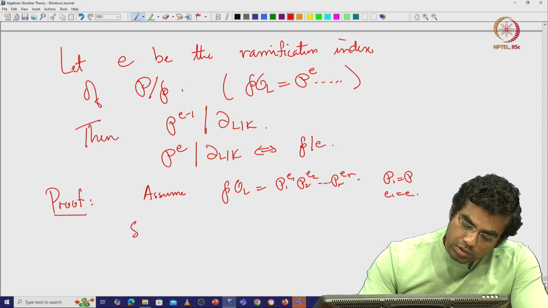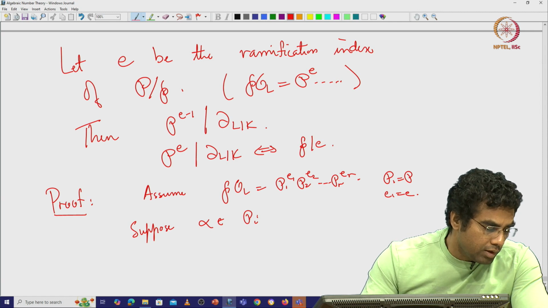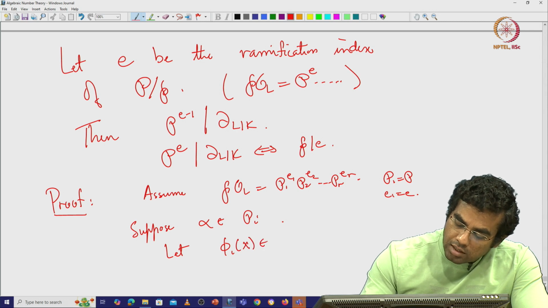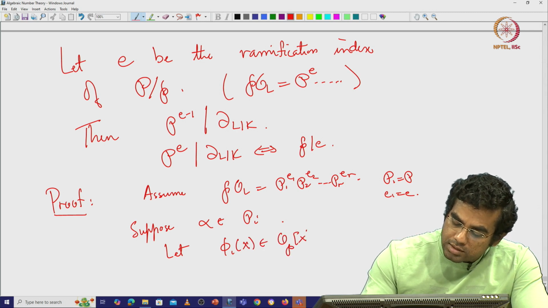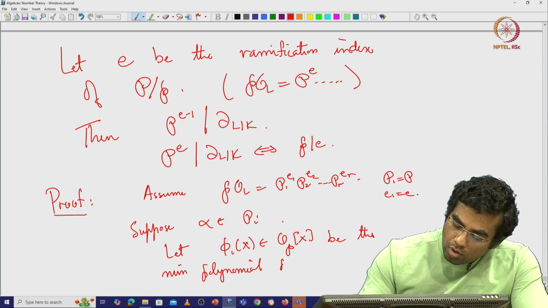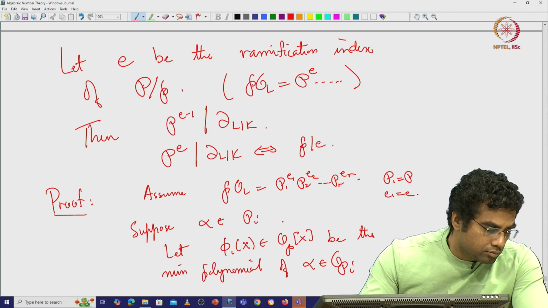So suppose alpha belongs to P_i, okay, for some i, and let phi_i of x in O_p[x] be the minimal polynomial of alpha as an element in O sub P_i. Okay.